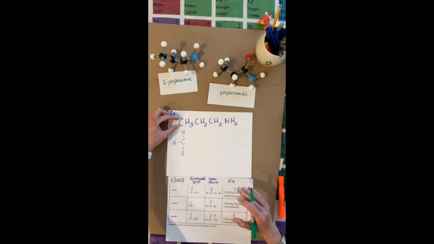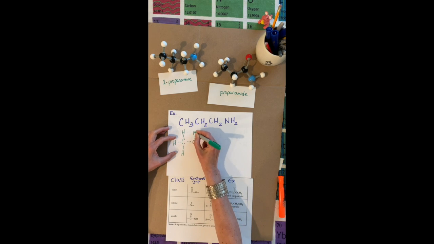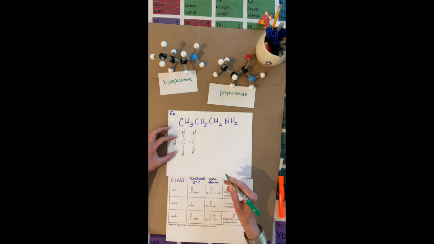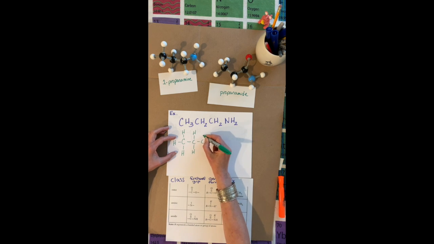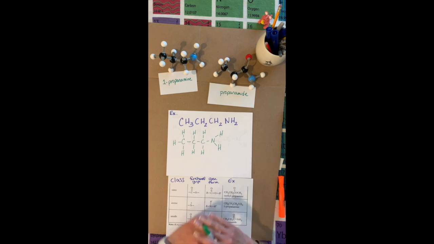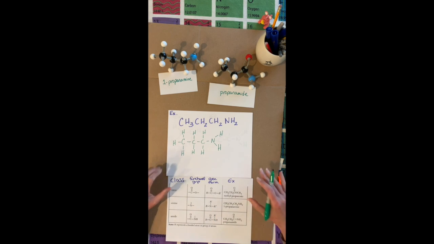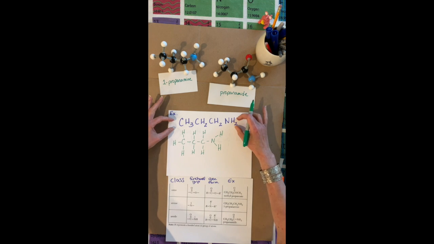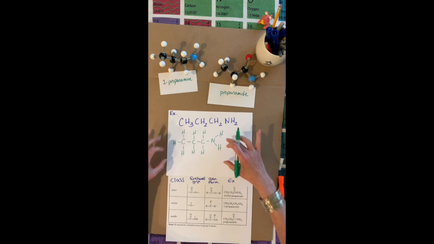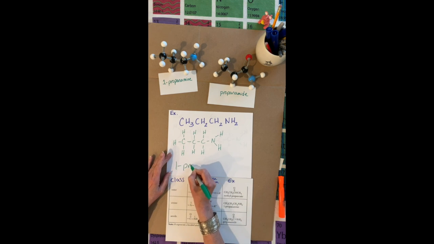When you can take that condensed formula and write it out fully to see that structural formula, you will very likely be able to name or at least identify what group or class of organic compounds a molecule belongs to. So if we look very carefully here, we've taken the condensed formula, we've written the structural formula. We are told it is 1-propanamine.